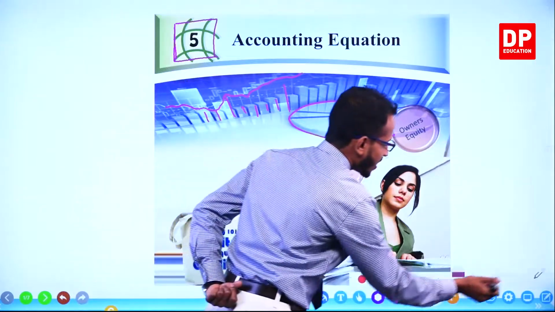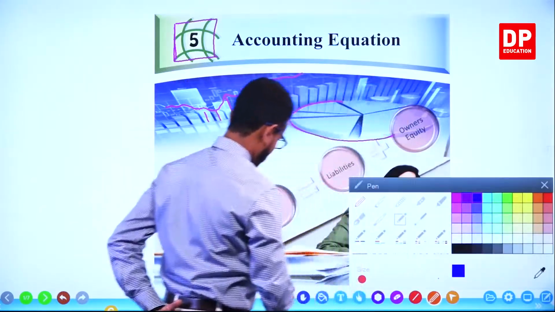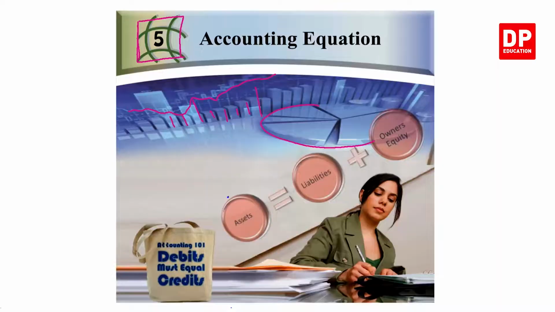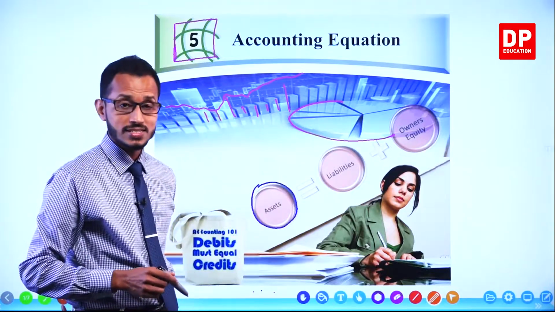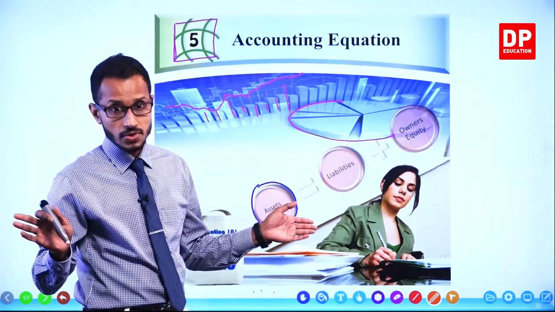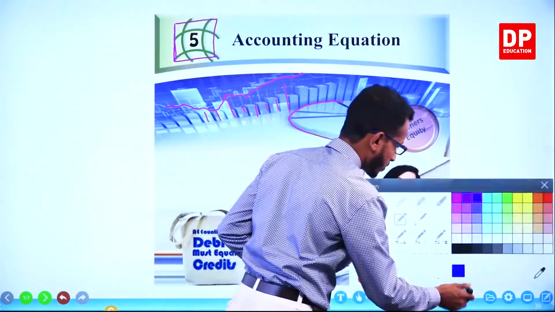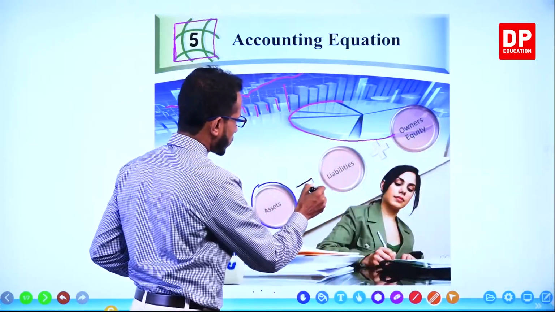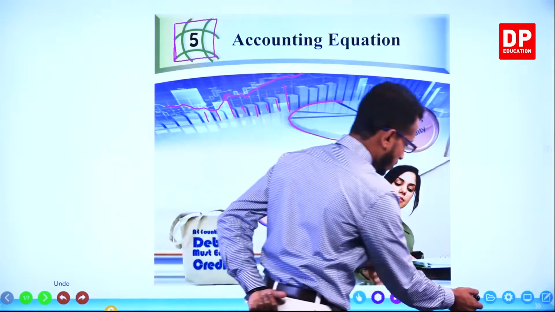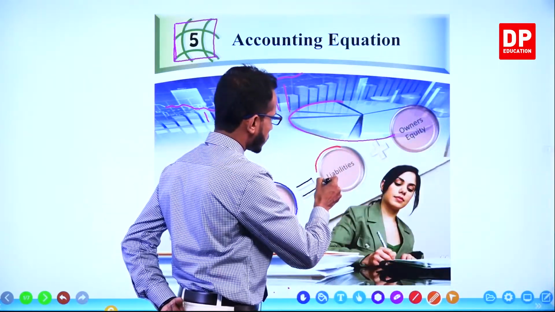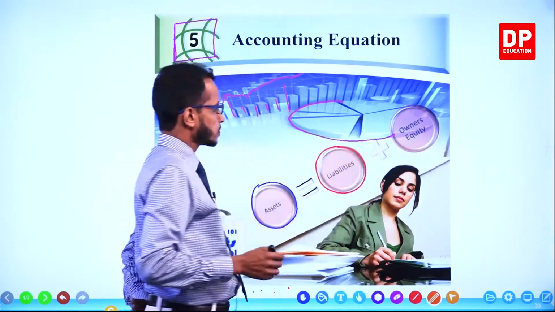Okay, the important stuff. What do we have here? We have assets. Assets are shown in a circle. Now we know what assets are, right? Then we have an equal mark right here. Liabilities are on the other side, and that is inside of this circle.